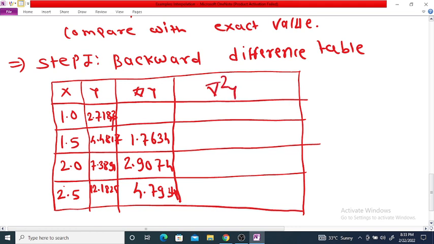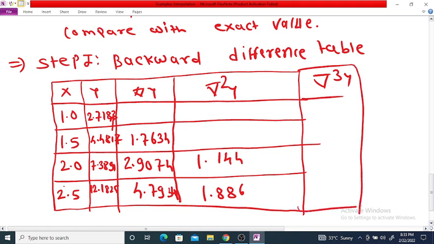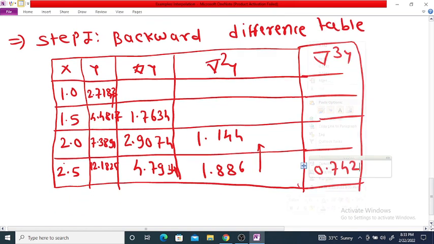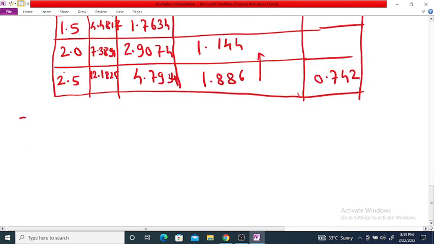Now the second difference is 2.9074 minus 1.7634, which is 1.144, and 4.7934 minus 2.9074 is equal to 1.886. The third order difference is 1.886 minus 1.144, which is equal to 0.742. So now, next, step number 2.